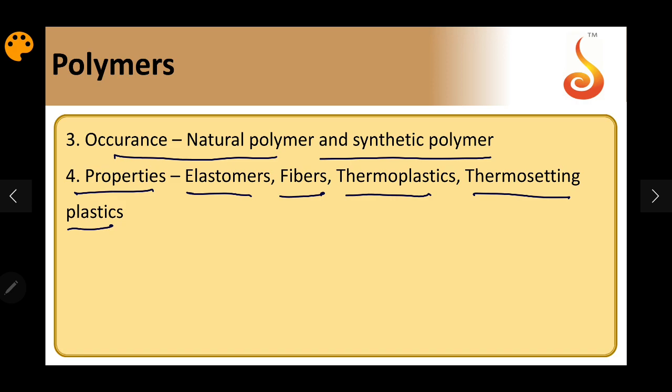So you can remold the plastic into different types. Thermosetting plastics are the plastics where on heating they develop crosslinks and the entire structure is altered. So they cannot be remolded again by heat treatment. The best example for thermoplastic is polythene. Thermosetting plastic is bakelite.